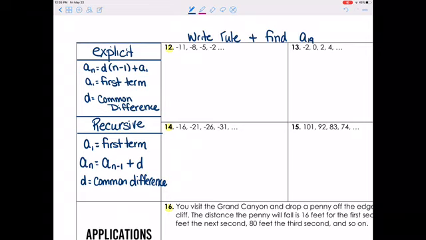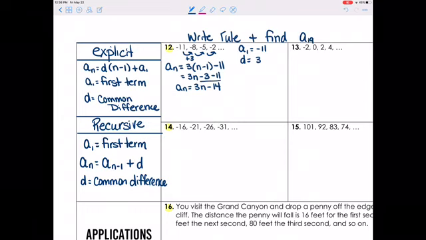Okay, so let's take a look at example number 12. We need the first term, which is negative 11, and we need the common difference. From negative 11 to negative 8, we are increasing by 3, and that pattern continues through our sequence, so our common difference is 3. So the rule for a sub n would be 3 times n minus 1 minus 11, which is 3n minus 3 minus 11, which is 3n minus 14.